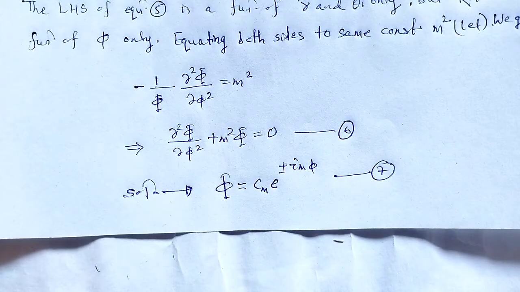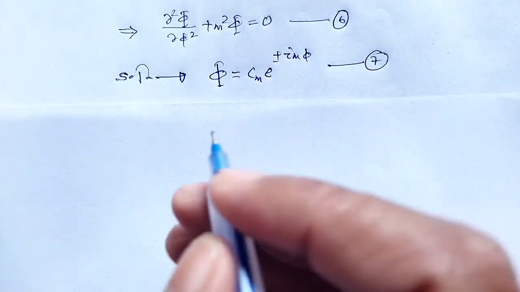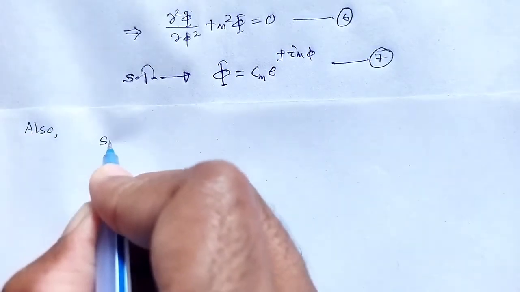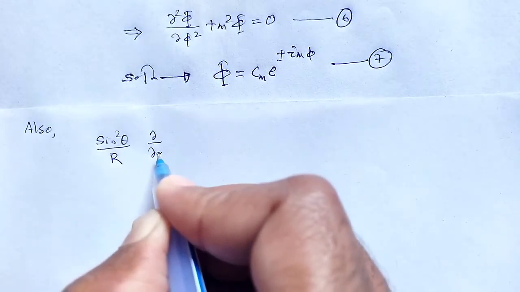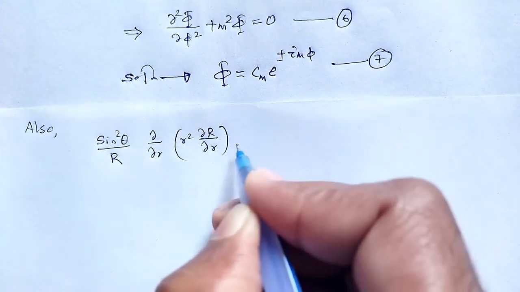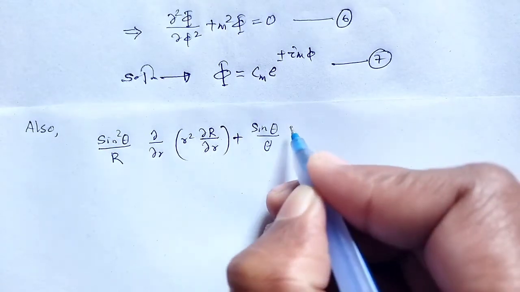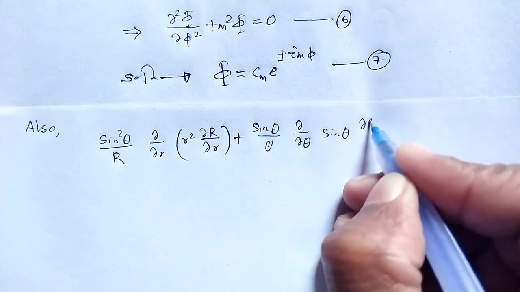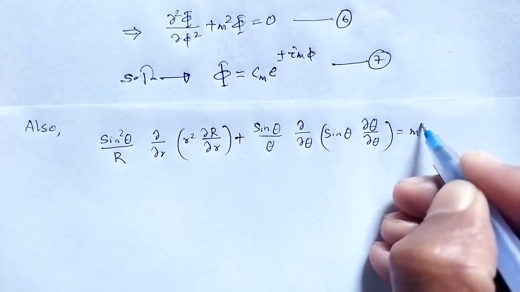So we can also write sin square theta by R del by del r of (r square del R by del r) plus sin theta by Theta del by del theta of (sin theta del Theta by del theta) is equal to m square.